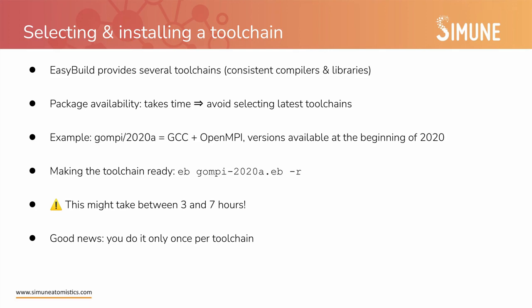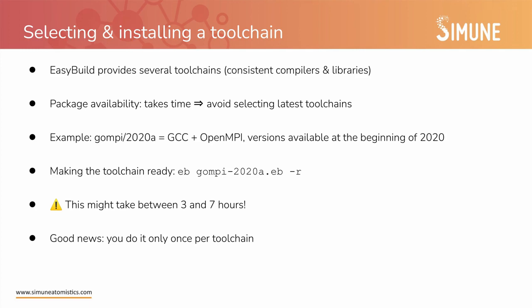I recommend avoiding the selection of the latest toolchain, because you will have to make the recipes yourself to build your preferred libraries and executables. What I usually do is use the toolchain from one year ago. In our case, for example, we could use gompi-2020a, which means GCC with OpenMPI, published in the first half of 2020.